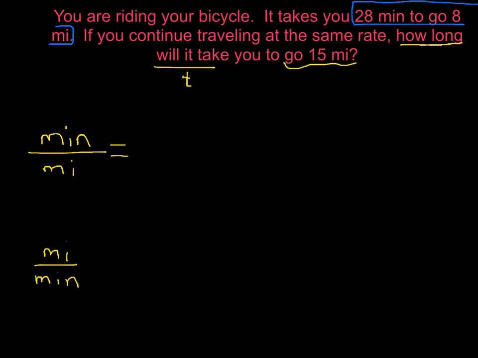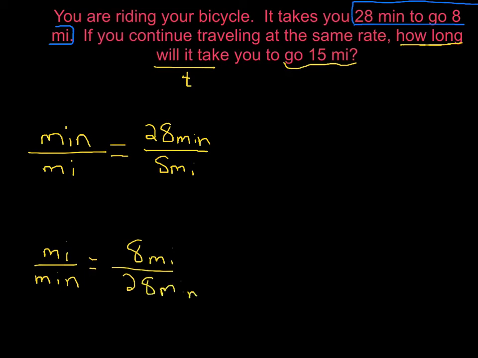So they give you a rate, 28 minutes in 8 miles. Or, if you write it this way, 8 miles in 28 minutes.